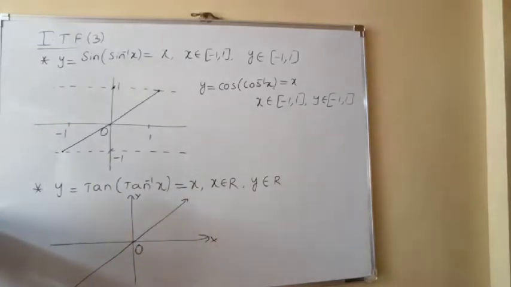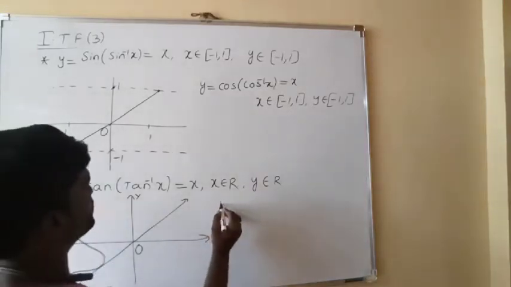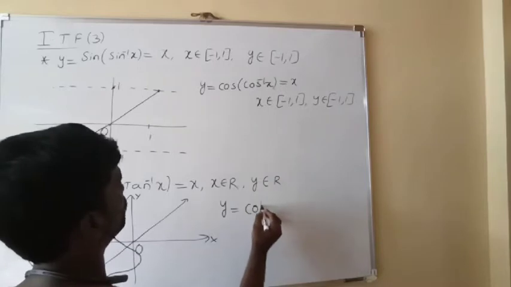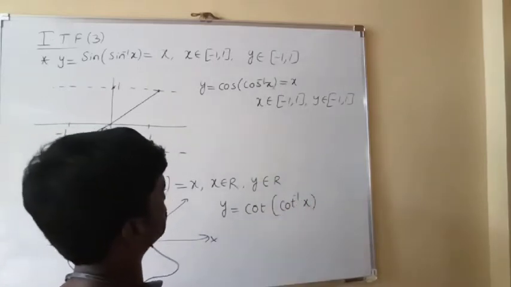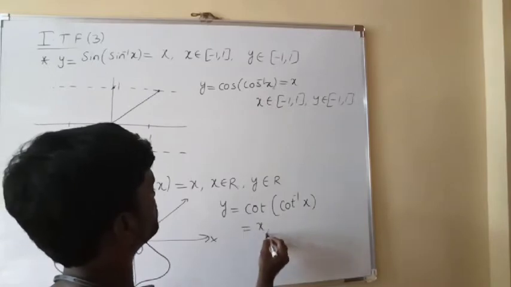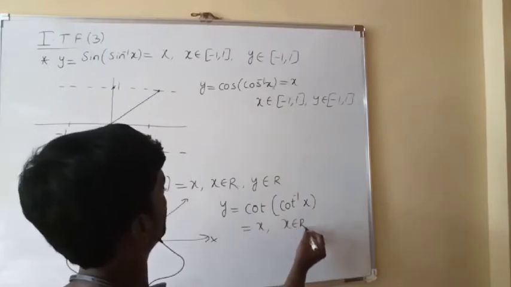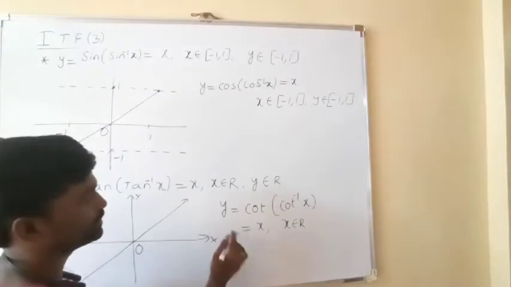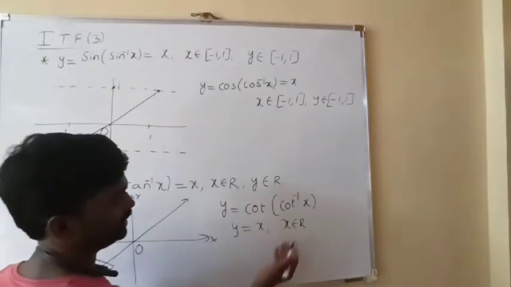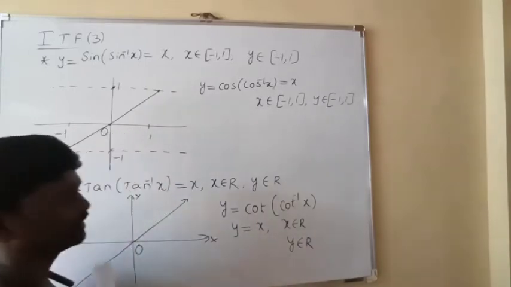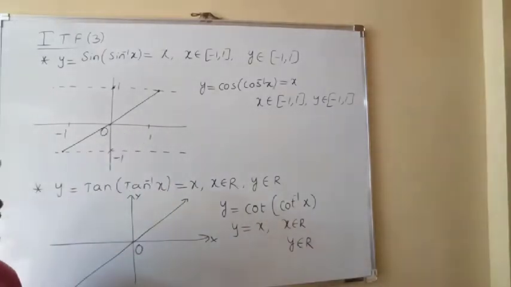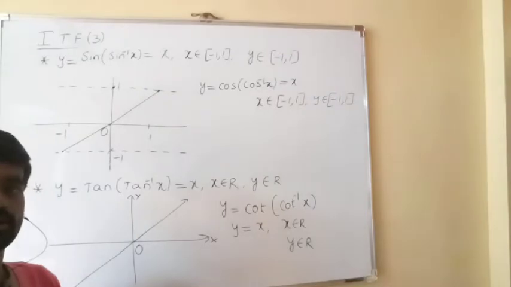So this is the graph of y is equal to tan of tan inverse x, and it is also the same as y is equal to cot of cot inverse x, because it is equal to x for all x belongs to R. As y is equal to x and x belongs to R, then y also belongs to R. So as the domain contains all real numbers, the range also contains all real numbers.